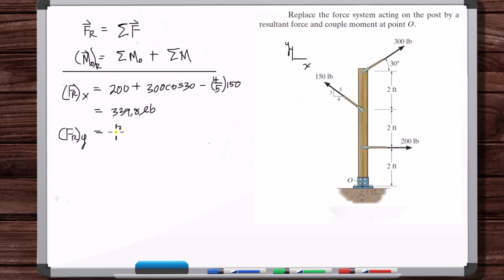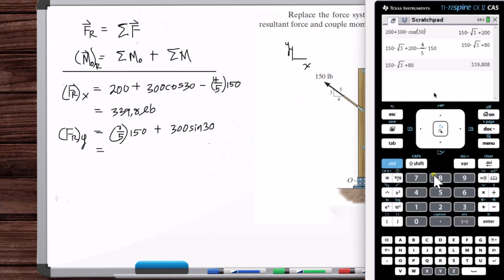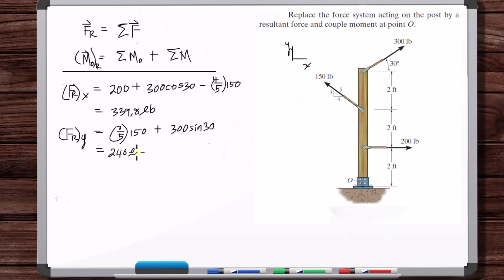So 3 over 5 times 150, and then plus 300 sine of 30. Okay, 240 pounds.